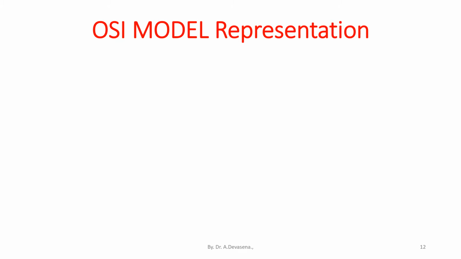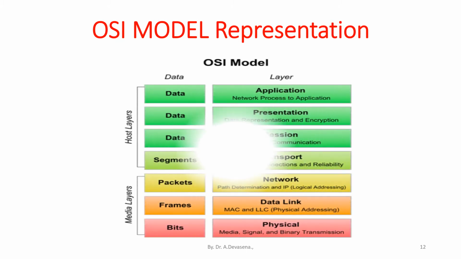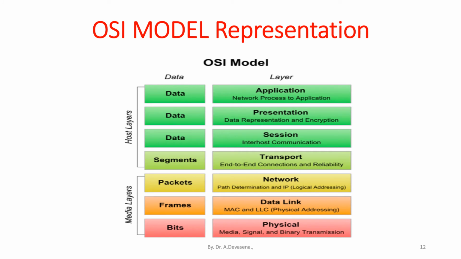An OSI model representation is shown below. We already know that the OSI model has 7 layers. This diagram represents the functions carried out in each layer and how the data is available in each layer.